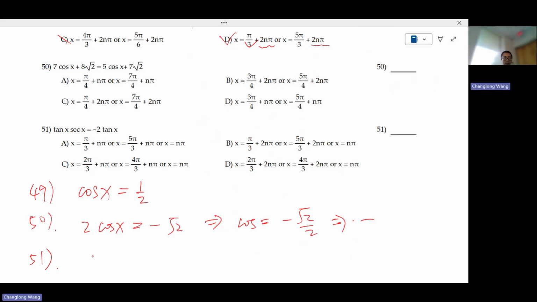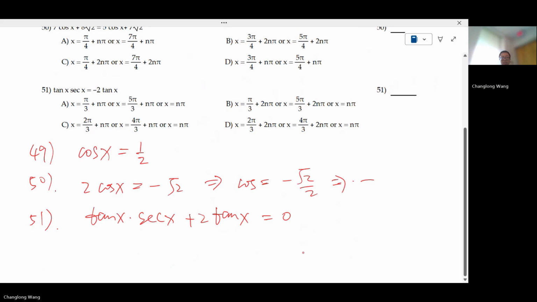So in 51, I'm looking at tangent x times secant x. I take that negative 2 tangent x, push it to the left-hand side, and it would be plus 2 tangent x equal to 0. You guys realize that we can factor out the GCF, which is tangent x. Take that out.